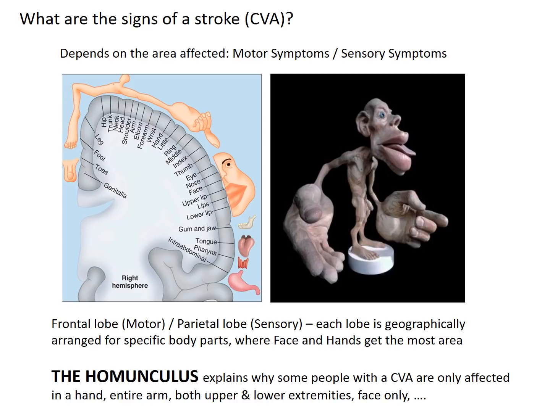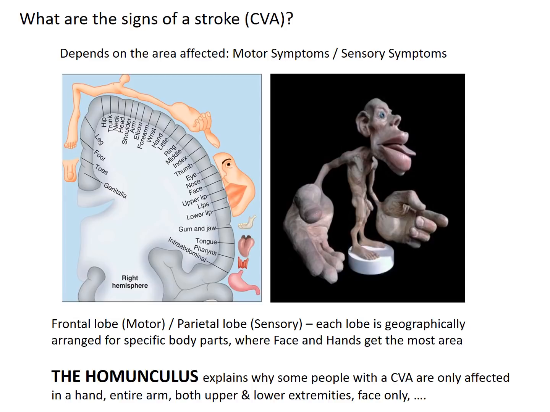We're looking at one side of the cerebral cortex. We're looking at the right hemisphere. So medial, towards the inner part of the brain, is the region more dedicated to the lower extremity and genitalia. The outer, more lateral regions take up more space for head and neck, face, hand, and arm. Okay? And that's the homunculus.